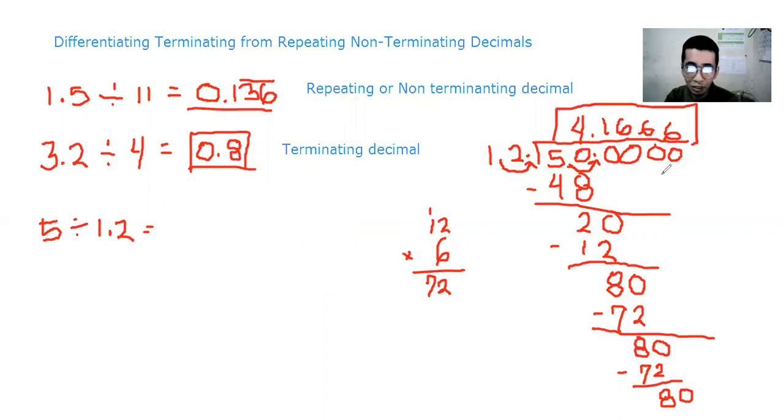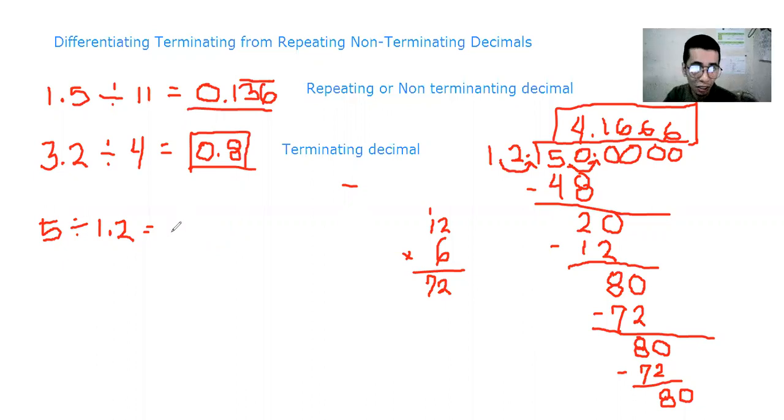So, ano yung magiging sagot natin sa final? Diba kapag repeating decimal, maglalagay tayo ng bar. Sa anong number tayo lalagyan natin ng bar?